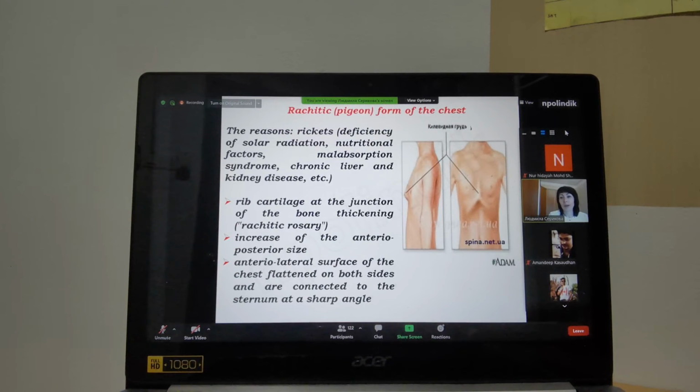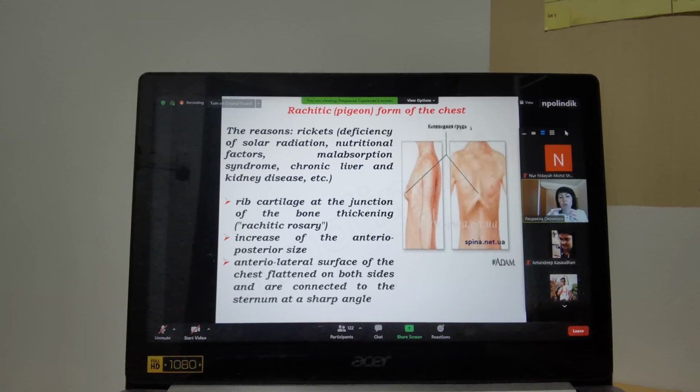After that, we have the pigeon form of the chest. It is typical for rickets. What are the main characteristics of this type of chest? It is increased in the anterior-posterior direction, because it is compressed from both sides.